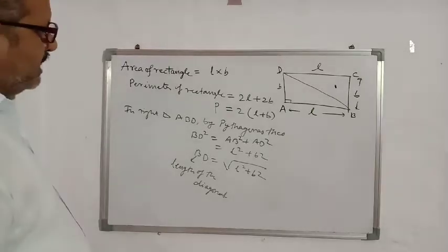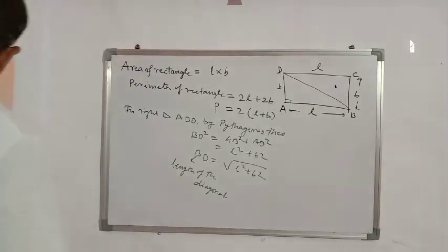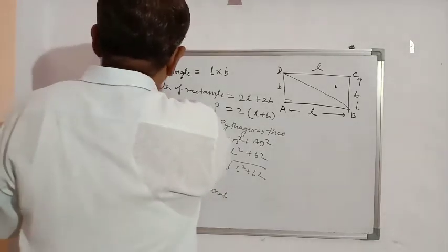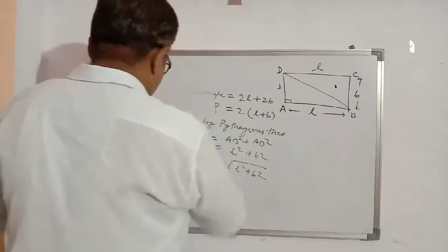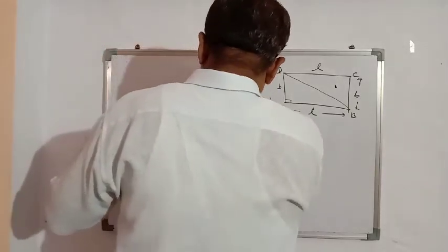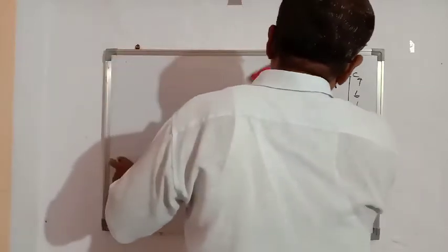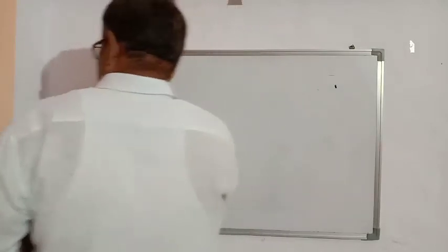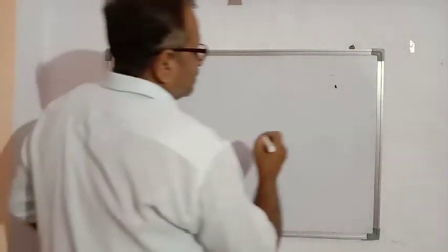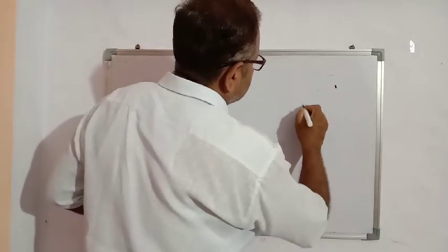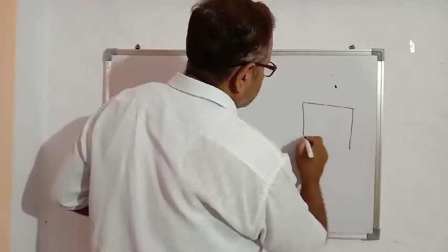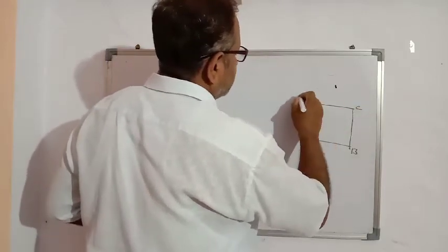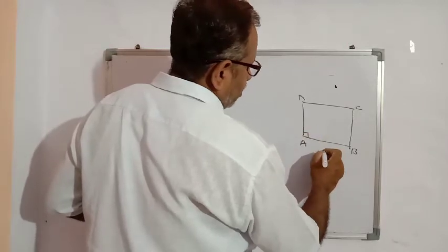Now we will discuss the area and perimeter of a square. ABCD is a square, each angle 90 degrees, all the sides are equal.